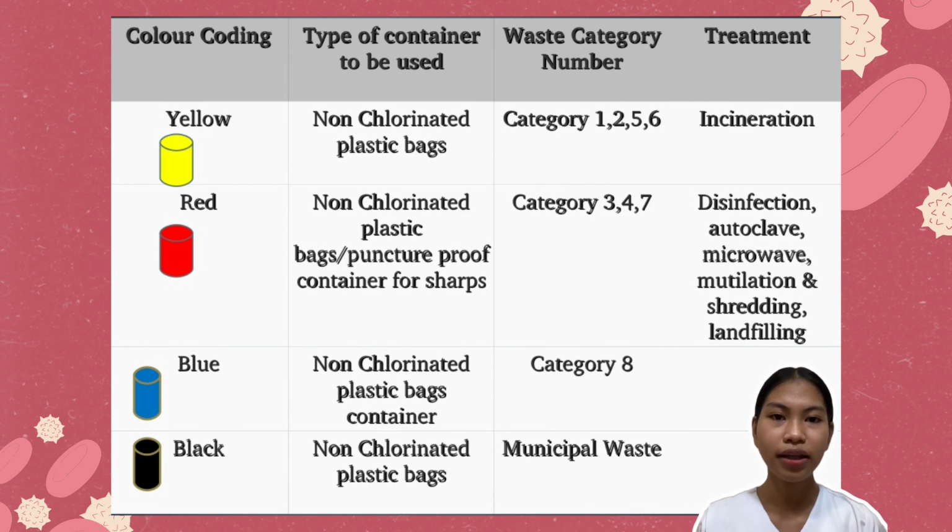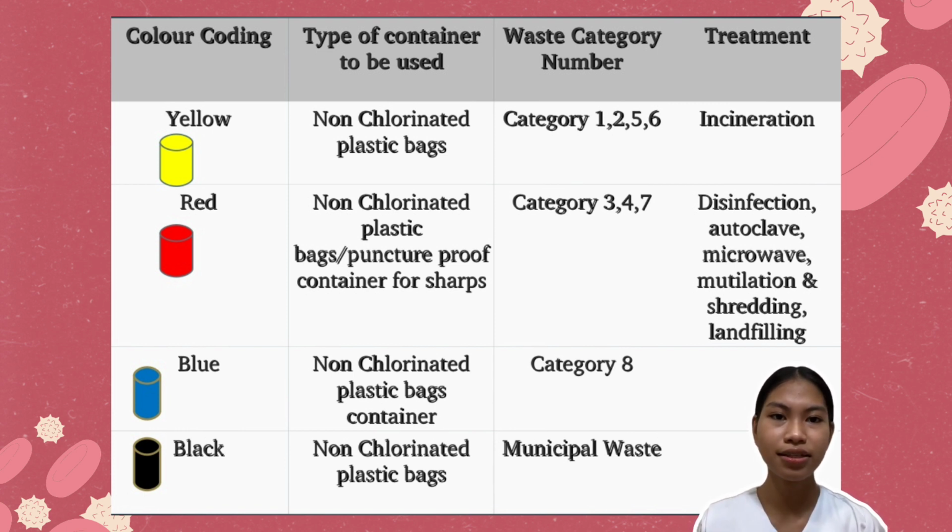First is yellow. Type of container to be used is non-chlorinated plastic bags. The waste category numbers are category 1, 2, 5, and 6. The treatment is incineration. Second is red. Type of container to be used is non-chlorinated plastic bags or puncture-proof container for sharps. The waste category numbers are category 3, 4, and 7.